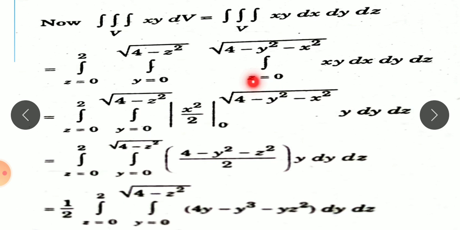From that we are finding this value, and for y value we are omitting the x. So for y we have root of 4 minus z square, and for z we are omitting both x and y, so we are getting 2. So we are taking that value.